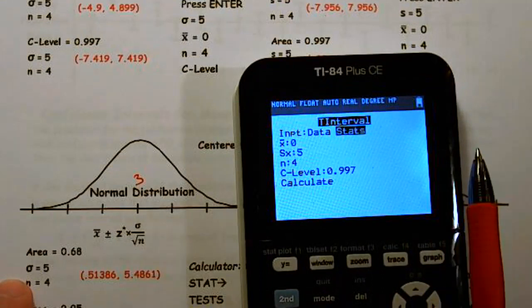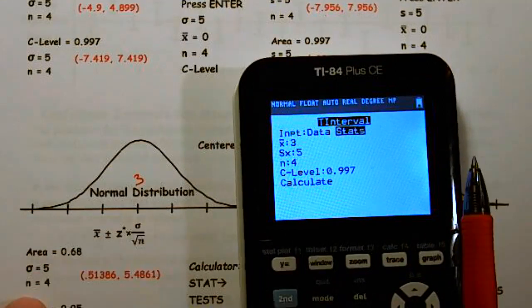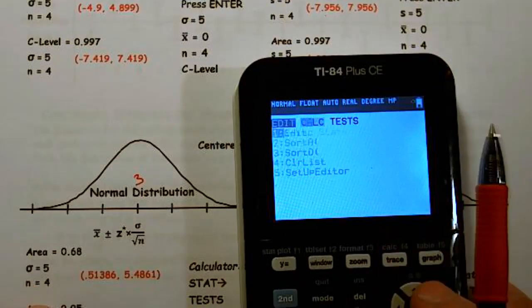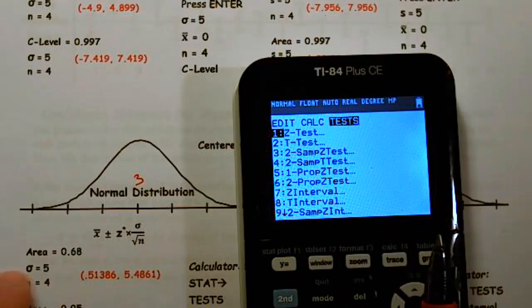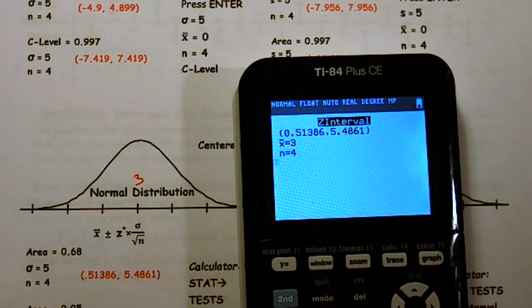And our x bar, we said we're centering at 3. Sorry. Stats test number 7 for z interval. And I have to use a z because of standard deviation of population. X bar 5, 3, and 4. And my confidence level is 0.68, and we get these values.